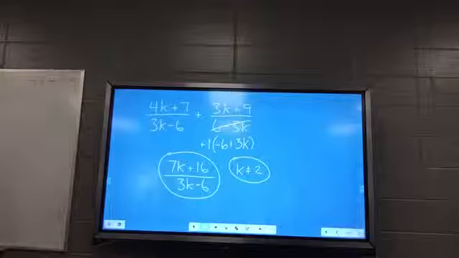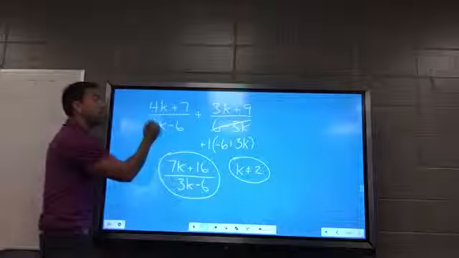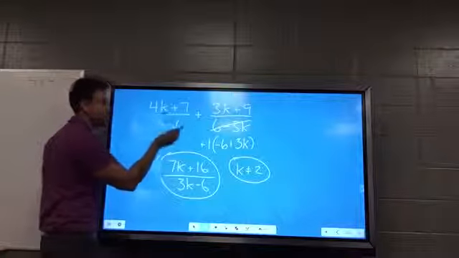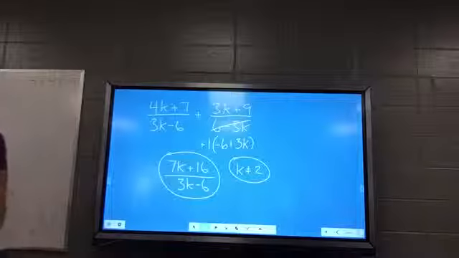Yes. So I did it where I didn't change the 2 negatives. Instead of using the right side denominator, I used the left, so I put 3K minus 6 on the bottom. Then I did 4K minus 3K on the top, and then 7 minus 9. So I got K minus 2.